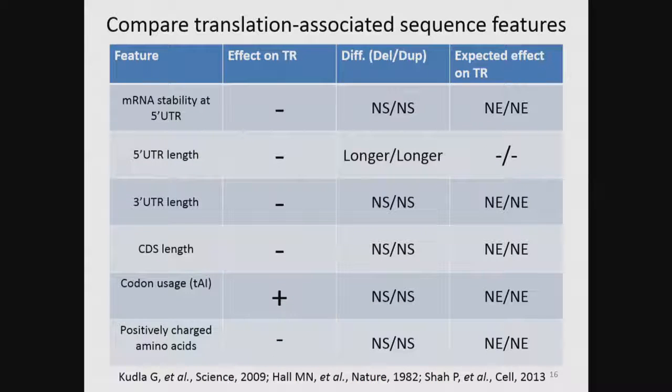Consistent with this, we analyzed the sequence features which could affect gene translation, and nearly all the features are equivalent for the copy number changed genes and the normal genes, except for one case, which is the 5' UTR, the red one.